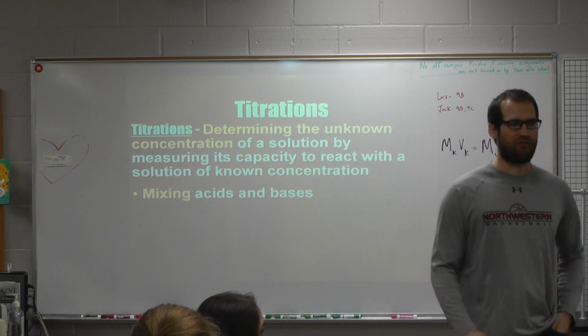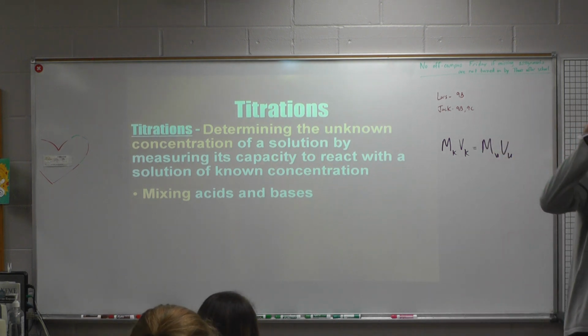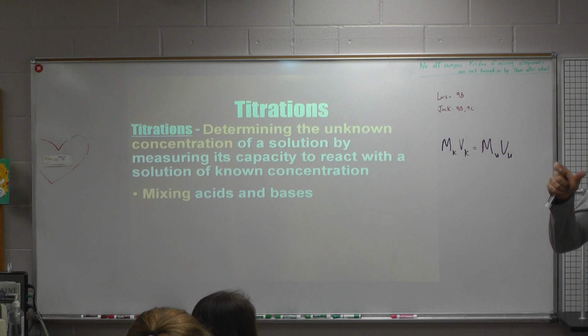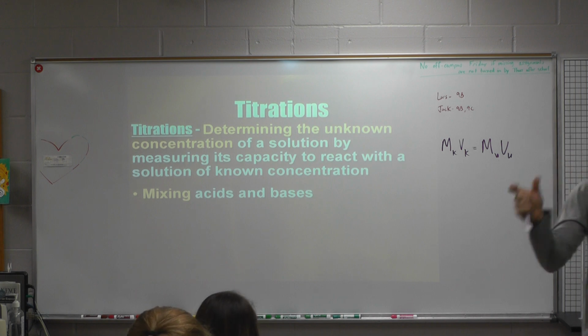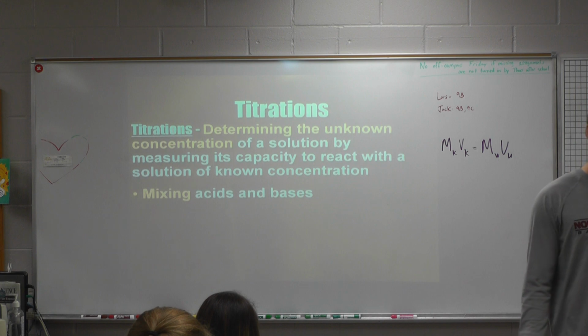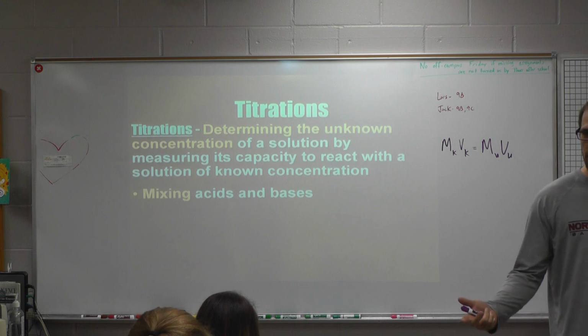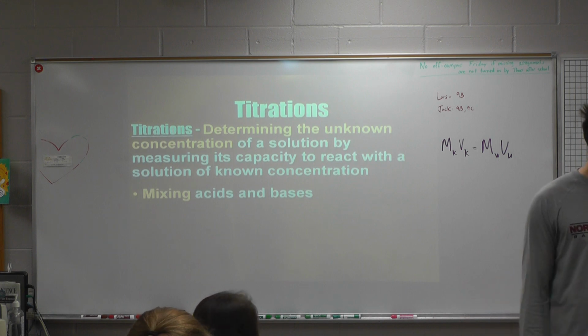So for example, if I had an acid that was 1 molar concentration, and I had a base which was 0.5 molar concentration, I would need twice the volume of the base to neutralize the acid. Right? I'm using simple numbers. Not always are you going to get a nice ratio like that.